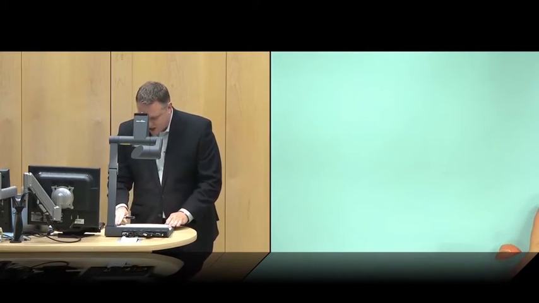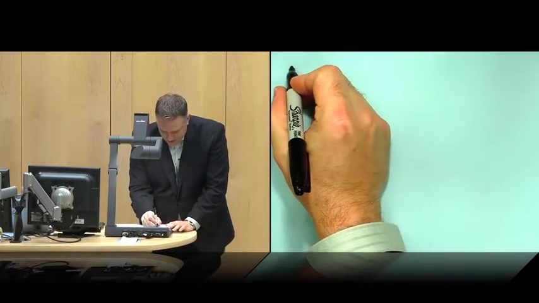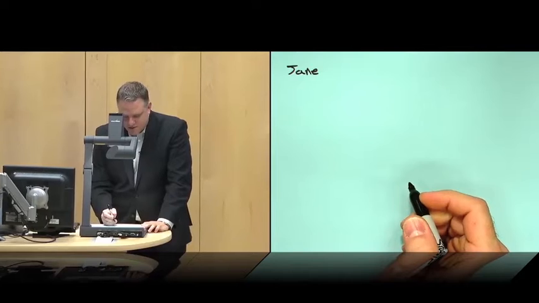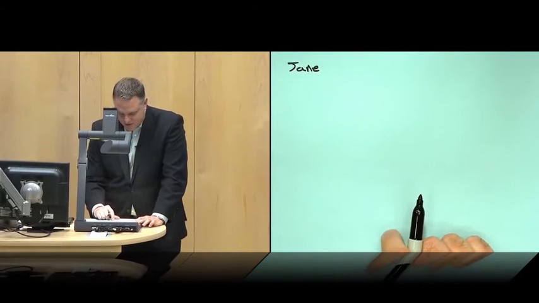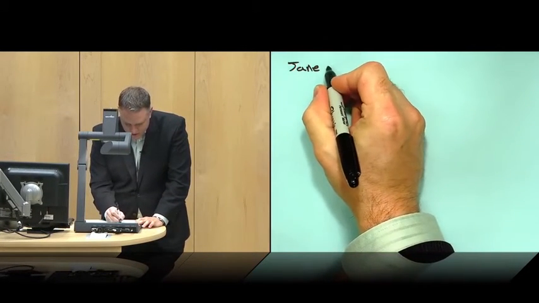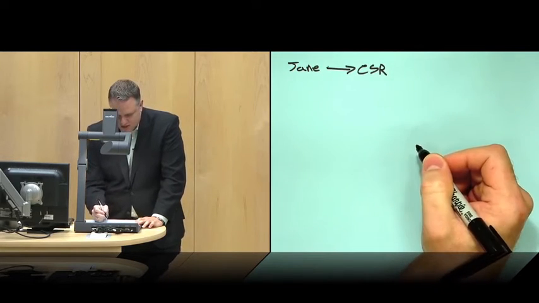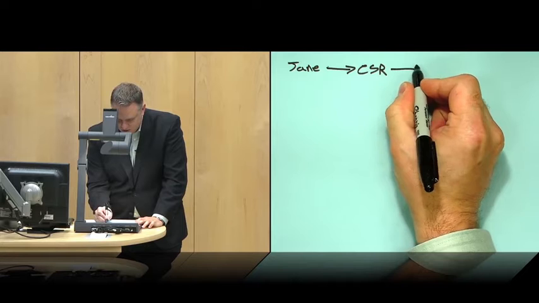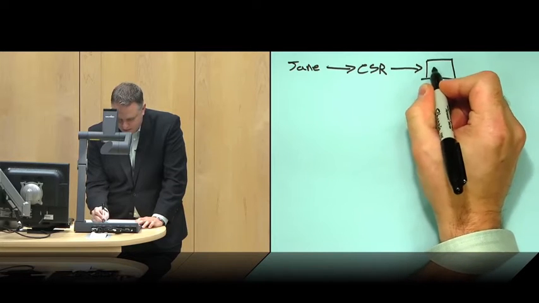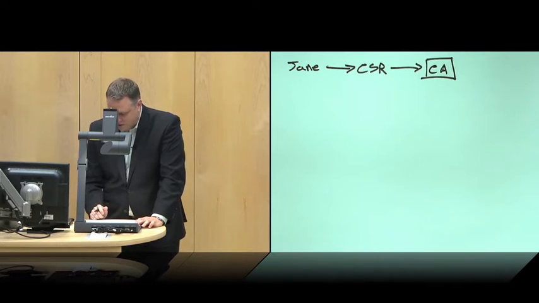I'll provide one example for you really quick. Let's say you've got a user out there, Jane, and Jane wants to have a PKI certificate. She's going to send a CSR, certificate signing request, to the certificate authority.